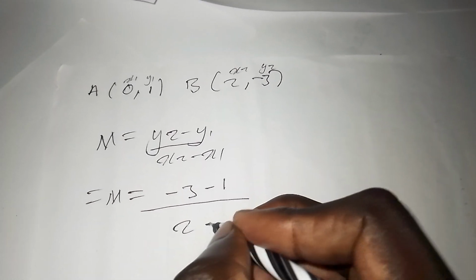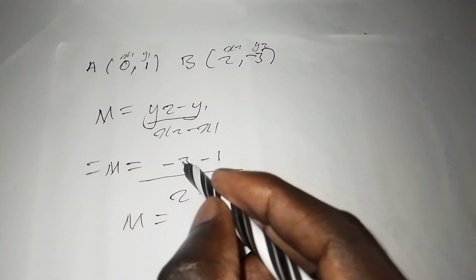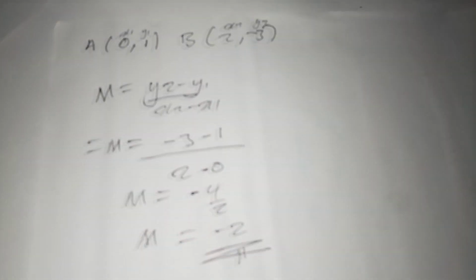It is 2 minus 0. Hence, M is equal to -3 minus 1, that is -4, divided by 2, and our gradient is equal to -2. So have you seen the essence of you knowing the formula? That is it. You're supposed to master that formula without failing. That's the formula for gradient.